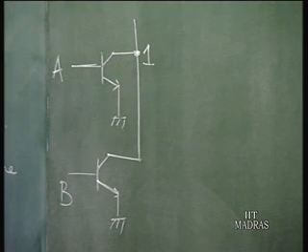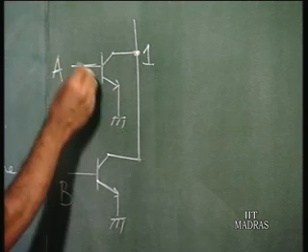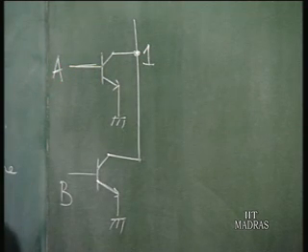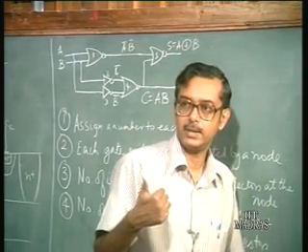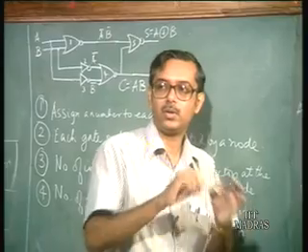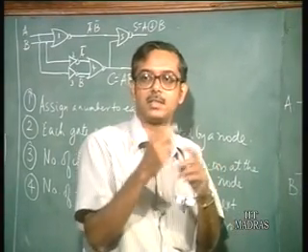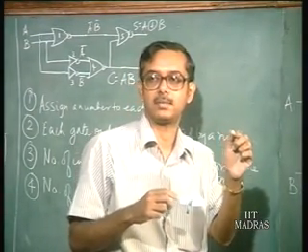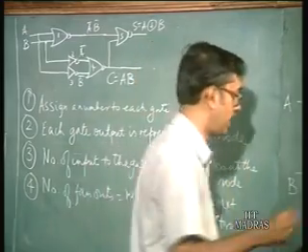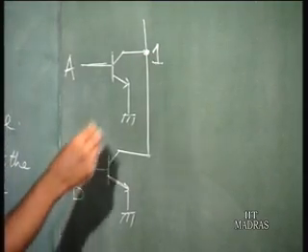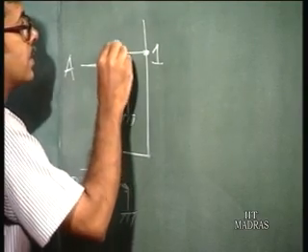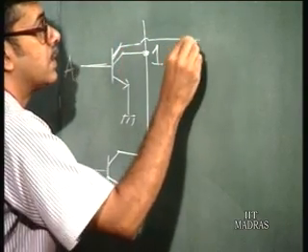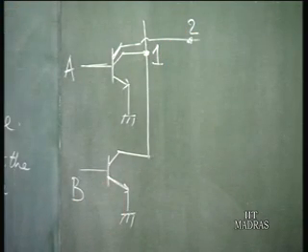Now, the next gate, number 2, is an inverter. Of course, you can consider it as a 1 input gate. So, basically there is just one connection, actually not a node, and you have a connection coming from A. So, this is 2.